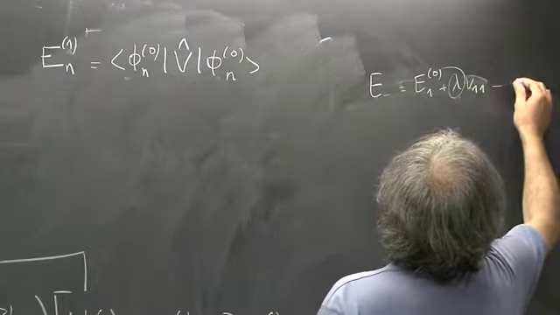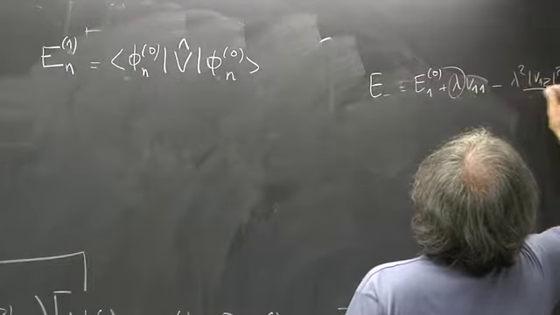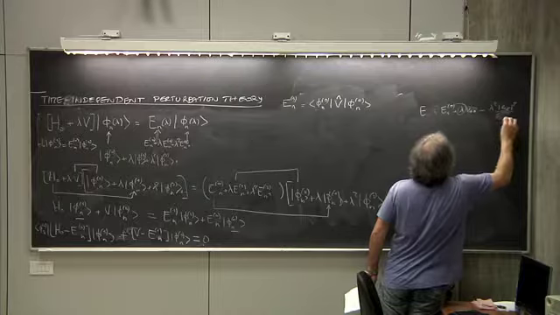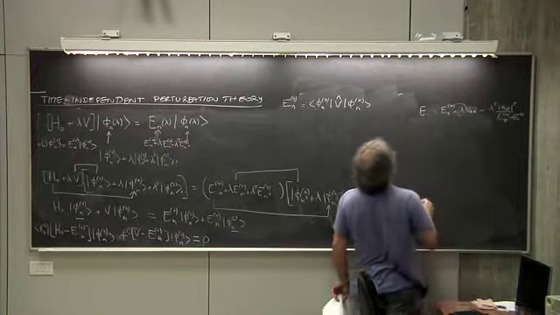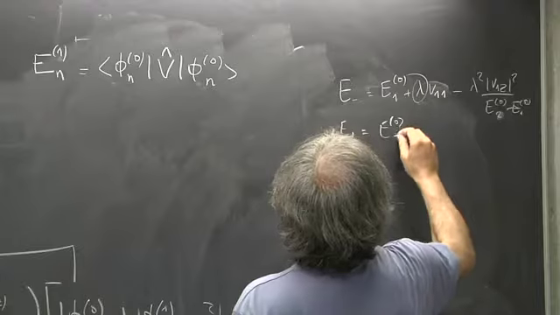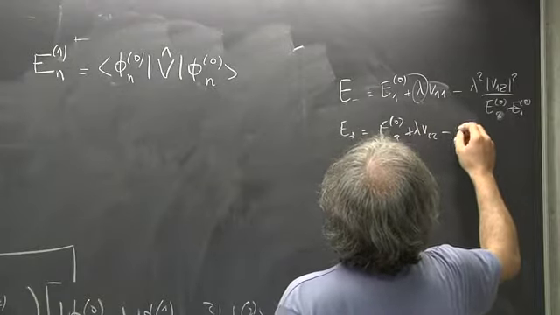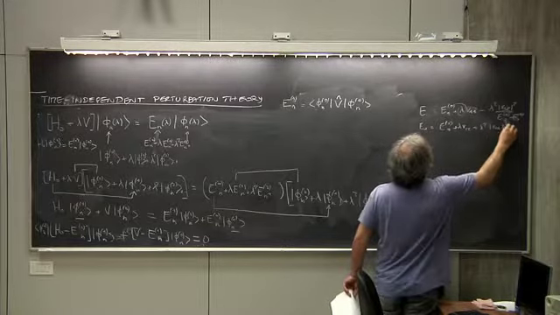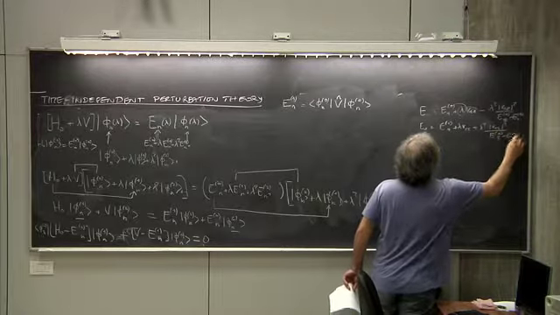By the way, let us copy back the two things so that we remember our exercise. Okay? And E plus equal to E02 plus lambda V22 plus lambda square V12 square divided by E02 minus E01.